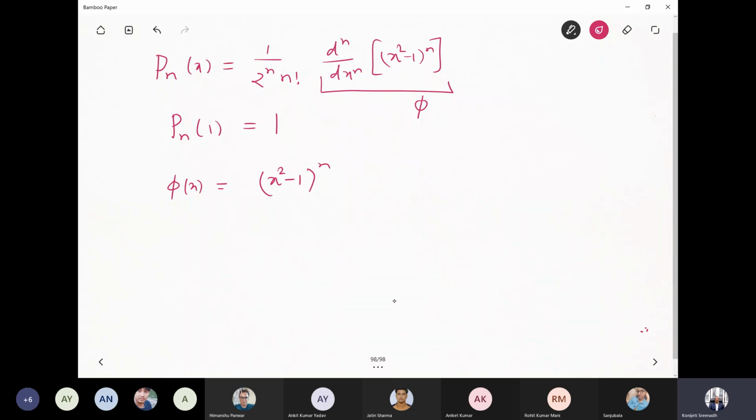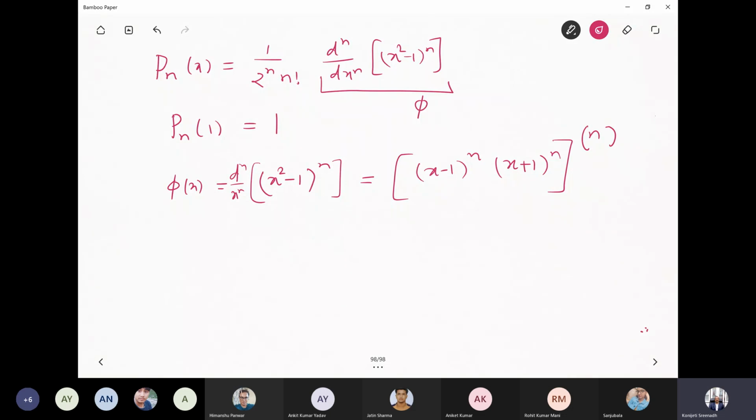So this is going to be the nth derivative of (x minus 1) power n into (x plus 1) power n. So we are using this notation for the derivative, with n in the bracket on the top.